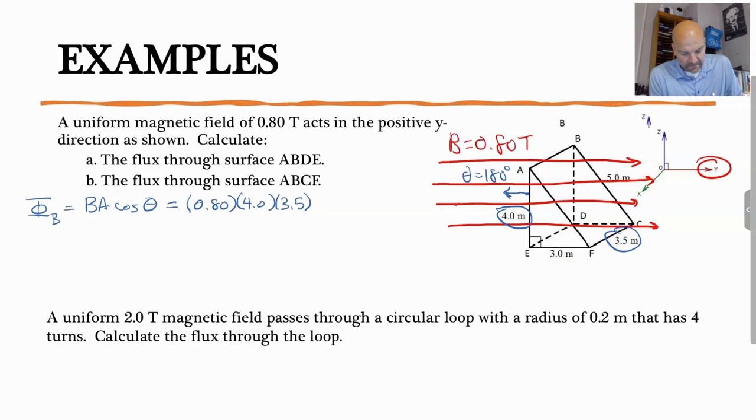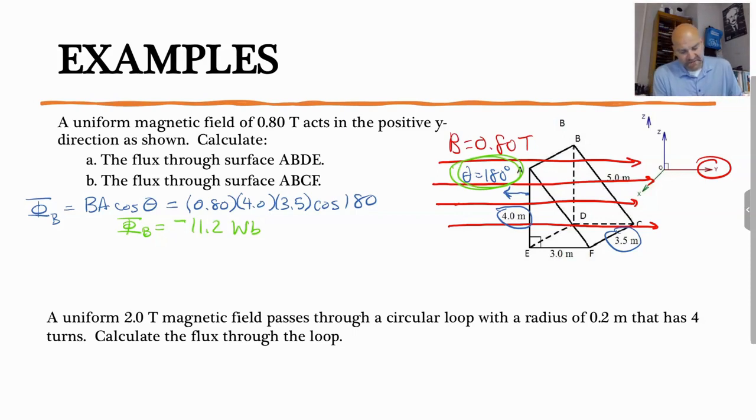So it's 4 times 3.5 times cosine of 180 degrees, and I find that the flux through that surface is equal to negative 11.2 Webers. Again, it's negative because the angle between the surface and the magnetic field is 180 degrees.